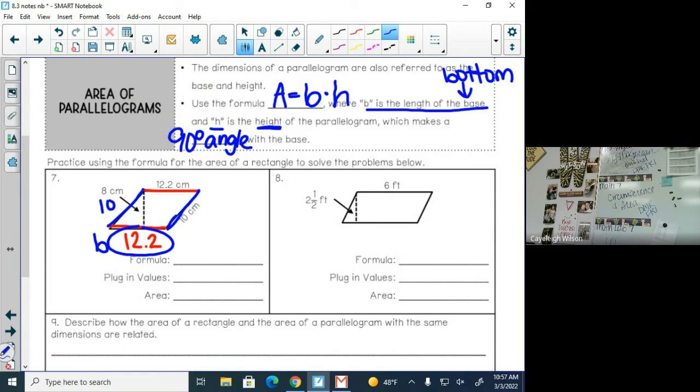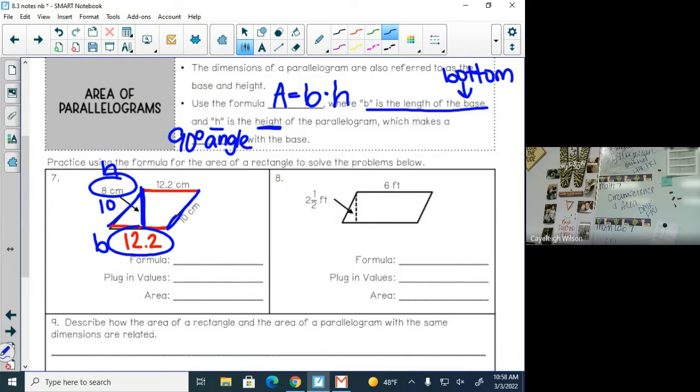So I would not use the 10. When you are measuring how tall somebody is, you don't measure them at a slant. You measure them straight up and down. So this 8 is going to be our height. You all understand that? Yes. That makes sense? Yes. Okay.